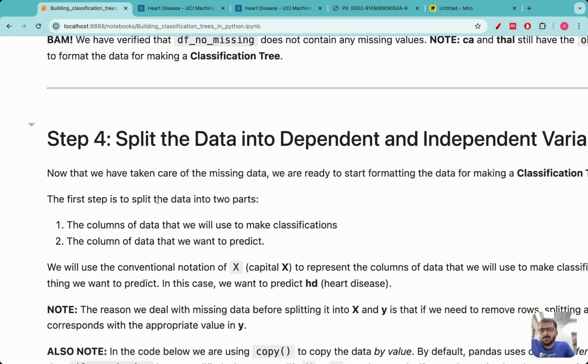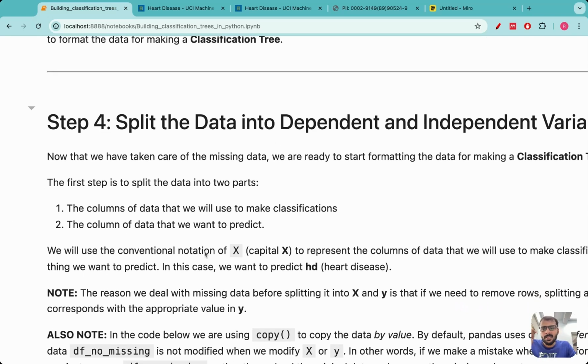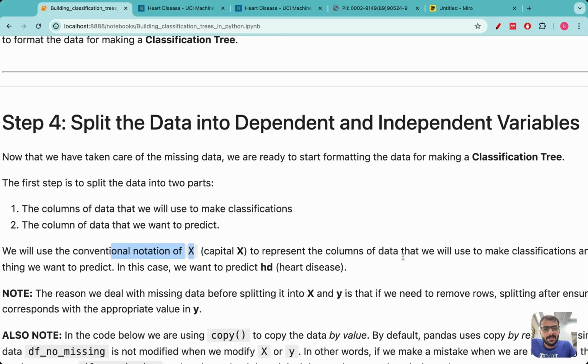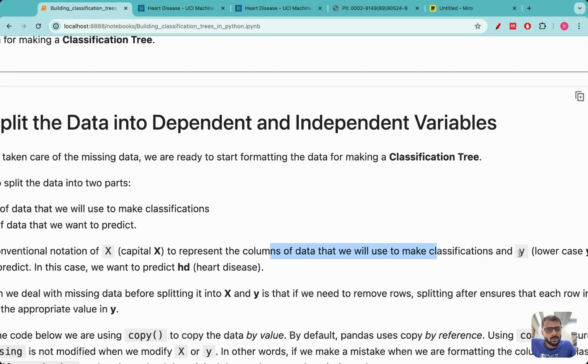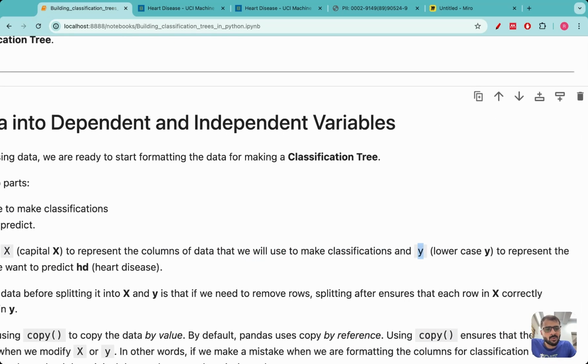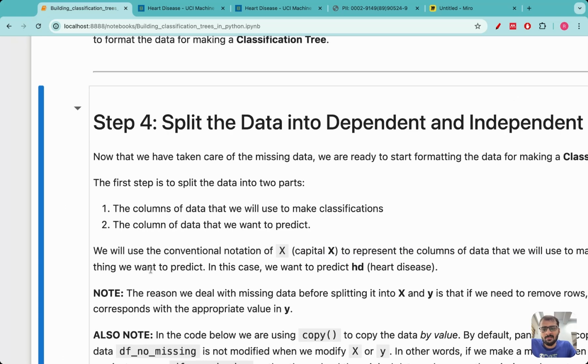The first step is to split the data into two parts: the columns of the data that we will use to make the predictions, which is of course the x, and the columns of the data which we want to predict, which is the y value. We will use the notation of x to represent the columns of the data that we will use to make the classification, and we will use y to represent the thing which we want to predict. In this case, we want to predict HD, which is the heart disease.